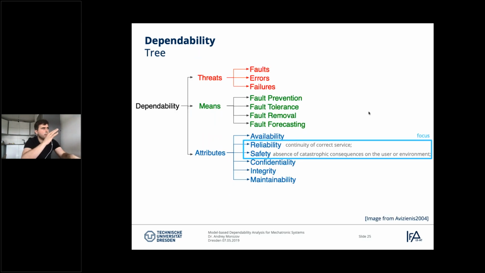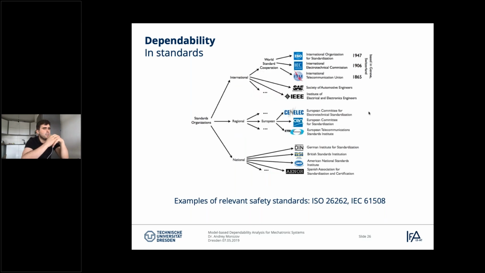Laprie and Avizienis defined this theory, and after that the theory was accepted, and now it is used in industrial standards. There are some safety standards. For example, there is the general safety standard IEC 61508, and here in Germany also the well-known standard ISO 26262.